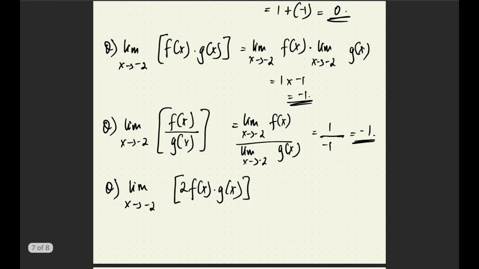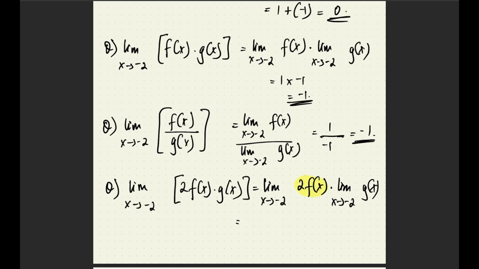This fourth question is the limit as x approaches -2 of 2 multiplied by f of x multiplied by g of x. So over here, first we're going to use the product law and break this down. So this is the limit as x approaches -2 of 2 f of x multiplied by the limit as x approaches -2 of g of x. Now we know that this part over here is a 2f of x, so it's a constant multiplied by a function.